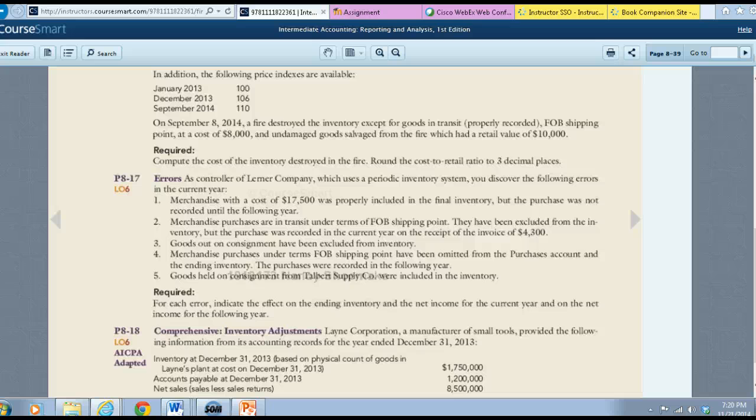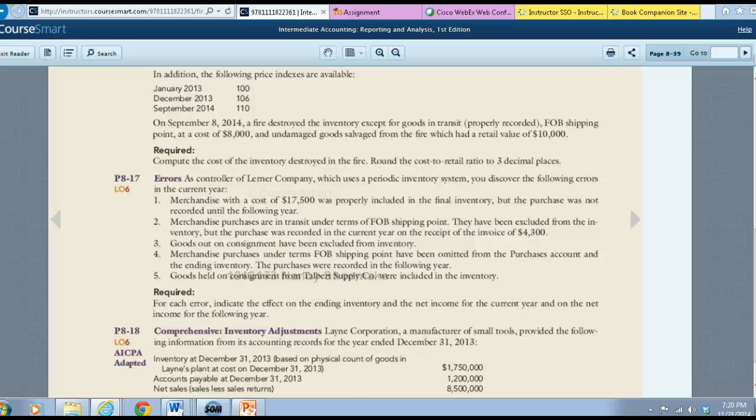So the question here is, indicate the effect on the ending inventory and the net income for the current year and the net income for the following year.